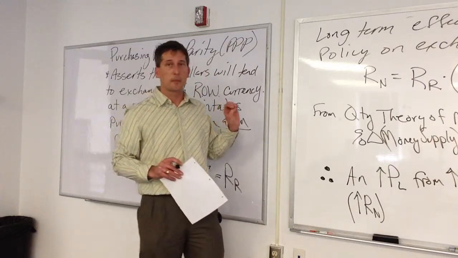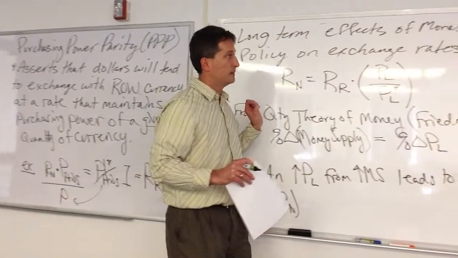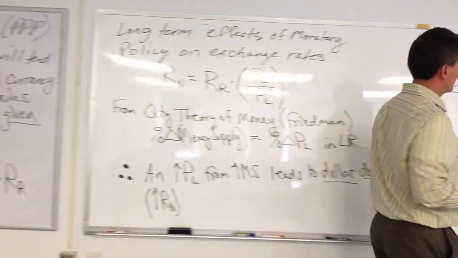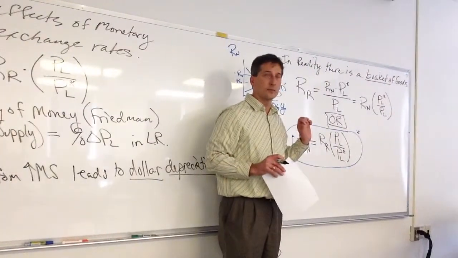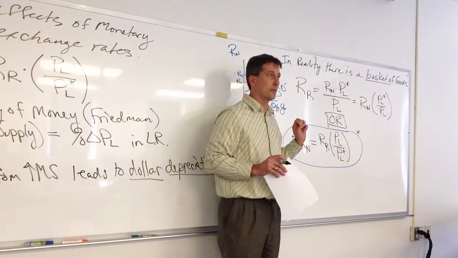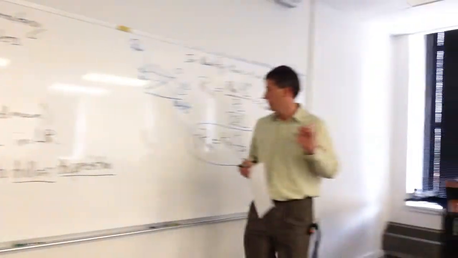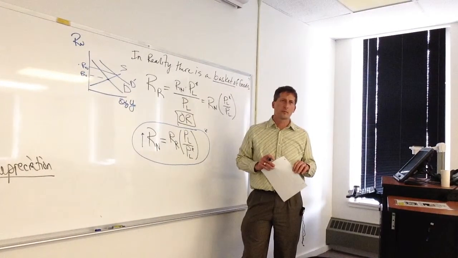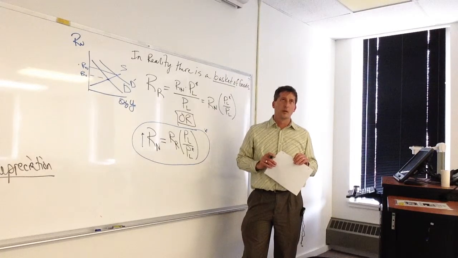John? So that equation has price level domestic being the United States and price level foreign being any foreign country, correct? Yes. But the exchange rate, the Rn is dollars per foreign currency. By the way, the book's got it set up, yes.